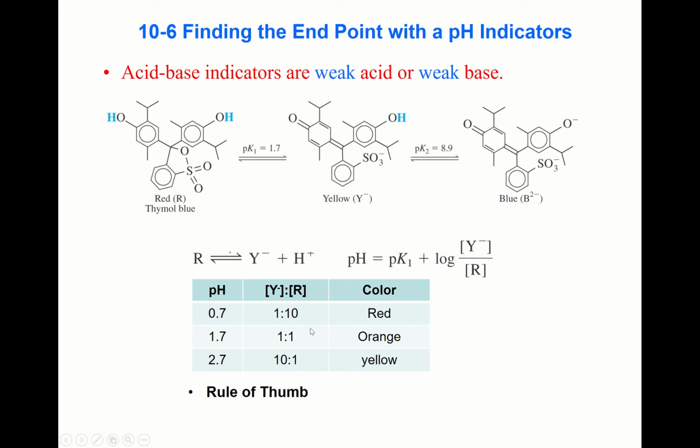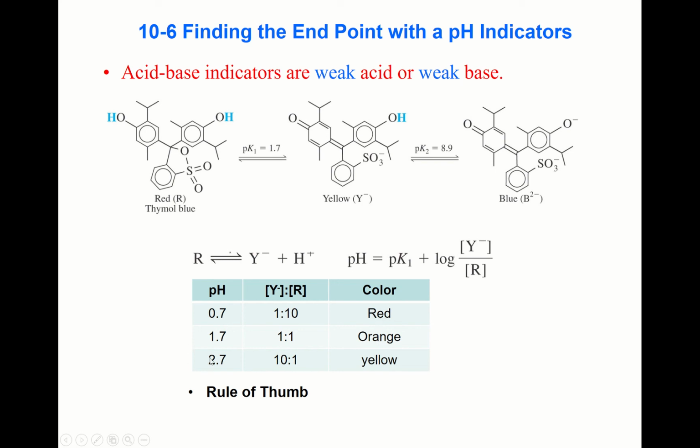But what about in the middle, pH between 0.7 and 2.7? There is a mixture color, a mix of red and yellow, which is orange. If pH is close to 0.7, the color is red-like orange, or orange-like red.